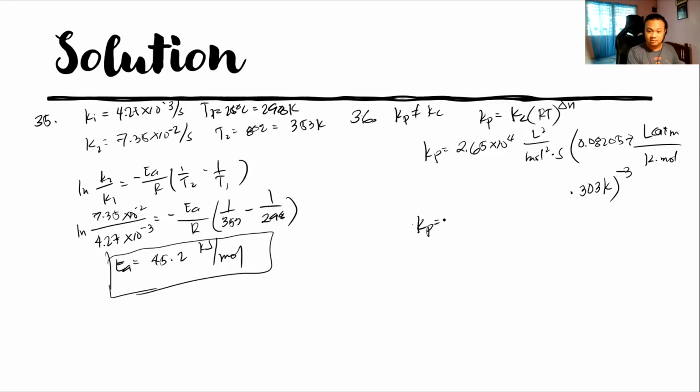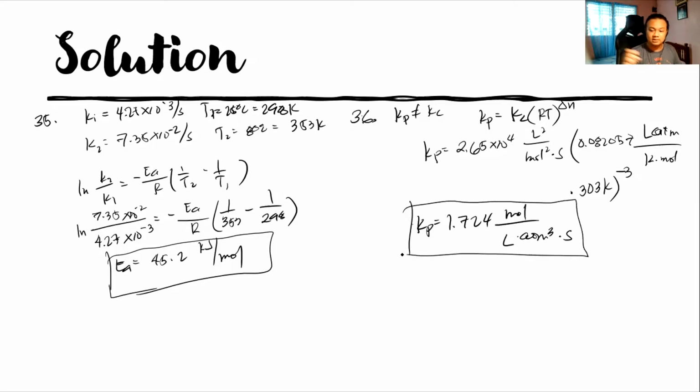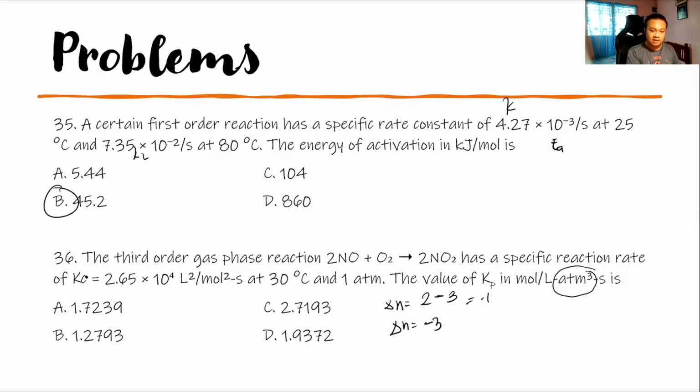So if you get this in your calculator, you have 1.724 mole per liter per atm³/s. Okay, so that matches here. 36 is letter A. Diba?